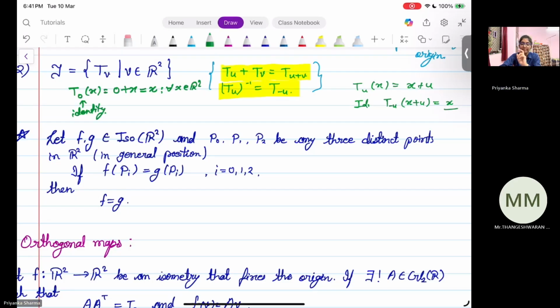That is, for two isometries to be the same, it is sufficient that they map three distinct points to the same points. Okay.